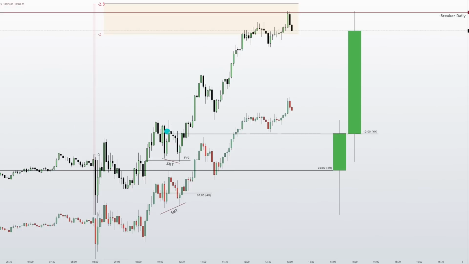Look here, when price closes above with the body of the candle this 10 a.m. opening, and the next candle opens and retraces inside this time opening, and continues to print the body of the candle.